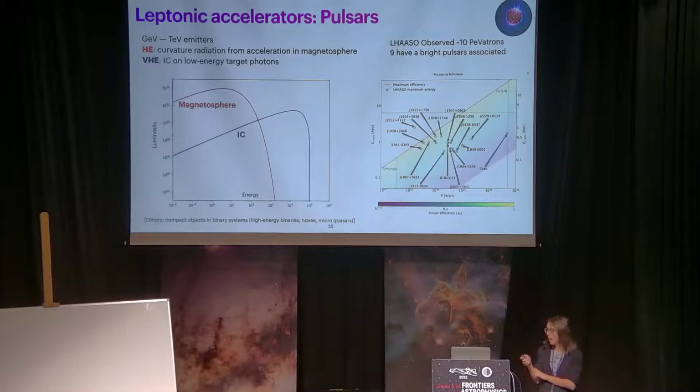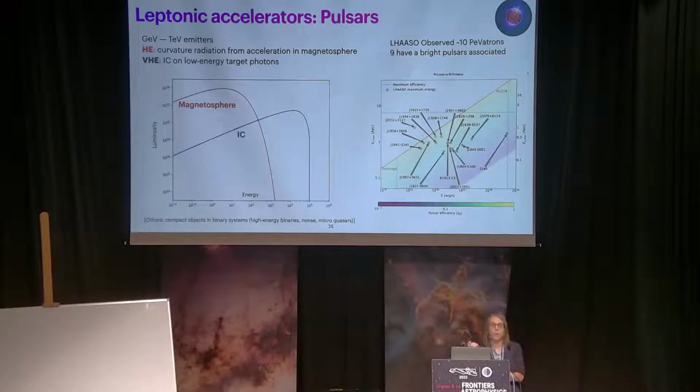What can accelerate electrons that can then lead to these continuous energy losses like synchrotron and inverse Compton? You need leptonic accelerators. We have evidence for accelerators of leptons, which are pulsars and pulsar wind nebulae.